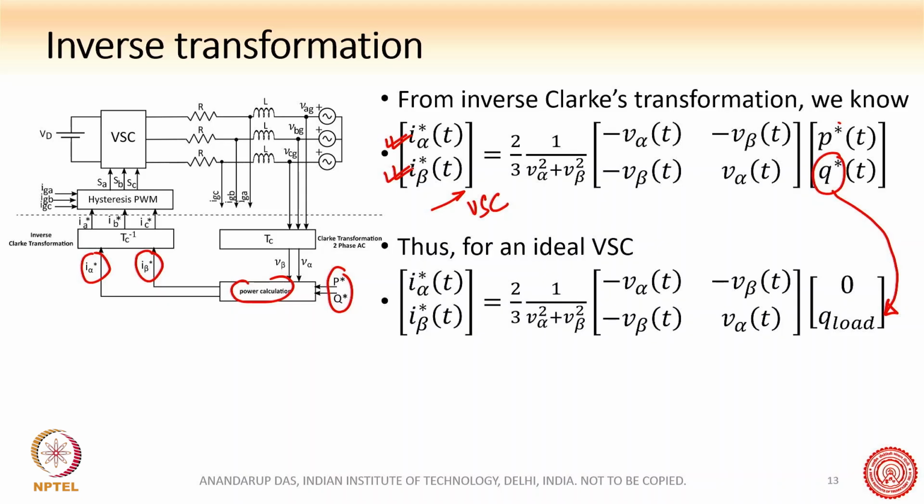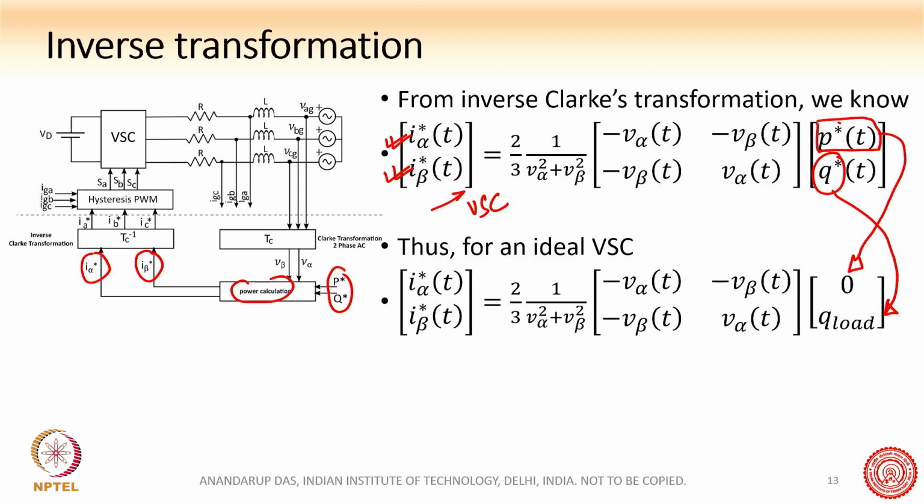Now in a perfect, lossless statcom, this P star is 0, because the statcom is not supposed to exchange any active power in a lossless condition.